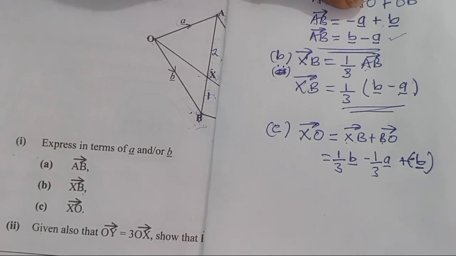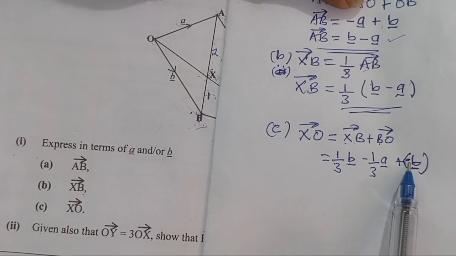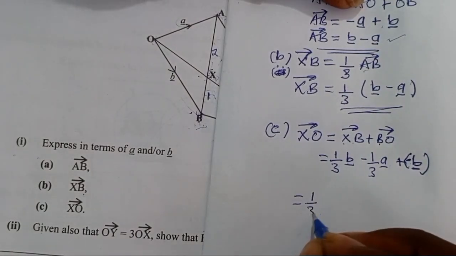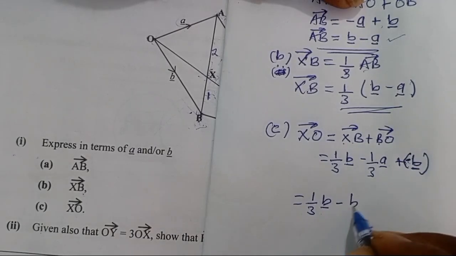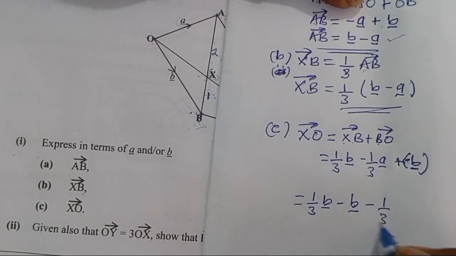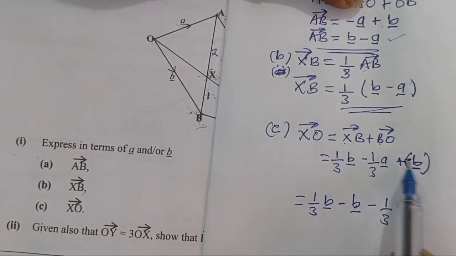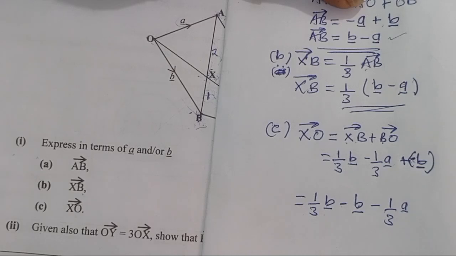The like terms are 1 over 3 scalar B and scalar B. So I'll say 1 over 3 scalar B minus scalar B, minus 1 over 3 scalar A. This negative scalar B is not going to change the sign because it is not crossing the equal sign.